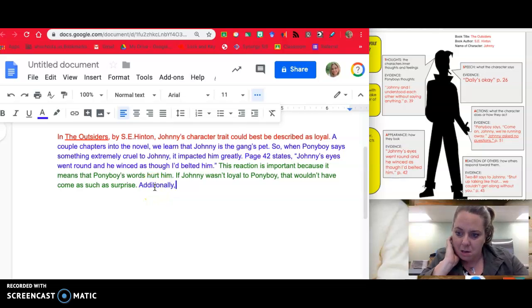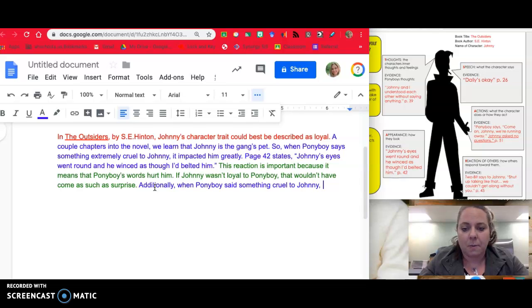Additionally, when Ponyboy said something cruel to Johnny, and Johnny stated that he felt it was true, 2-bit says to Johnny, shut up talking like that.